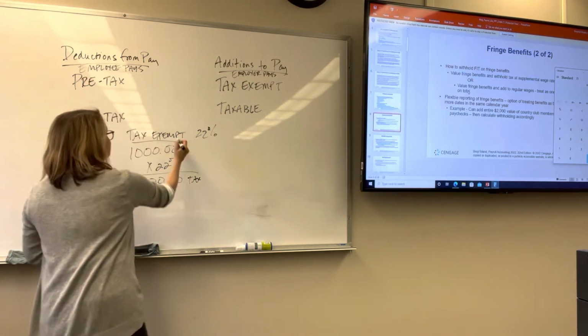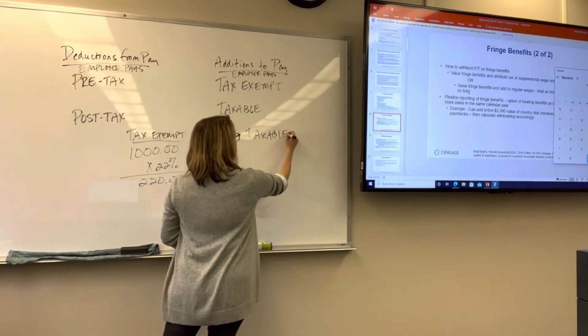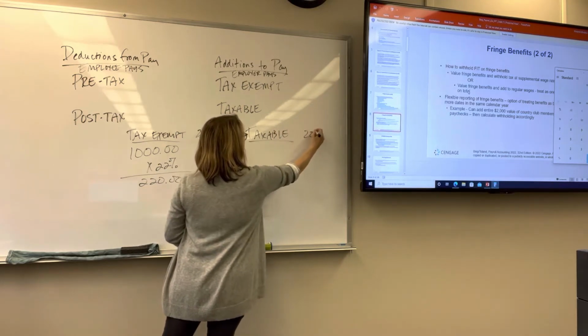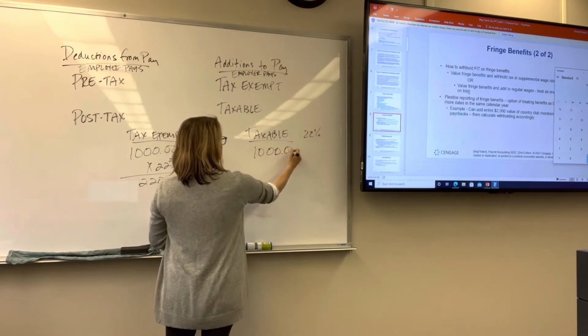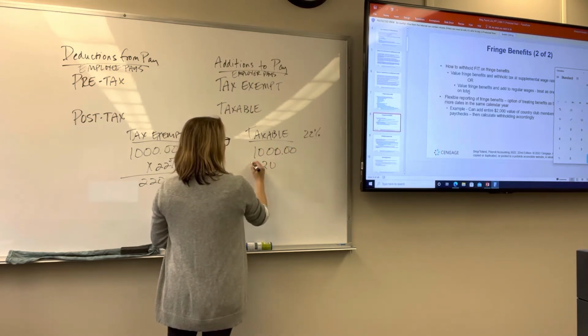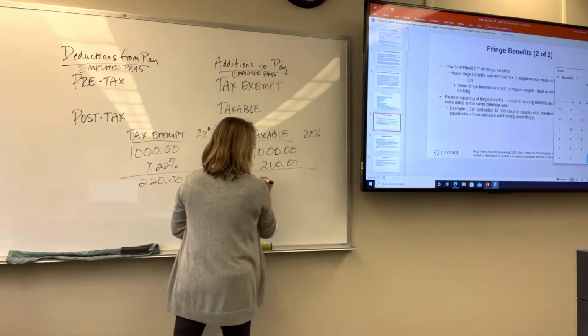Now, if we have a taxable benefit, same 22% tax rate, $1,000. And now we're going to add this taxable benefit, $1,200.